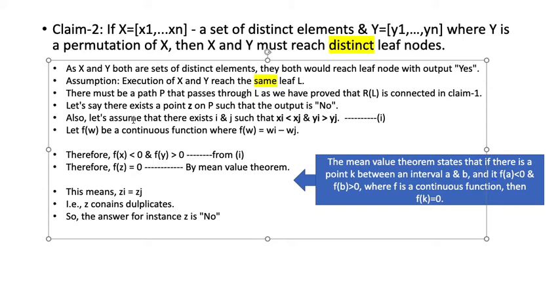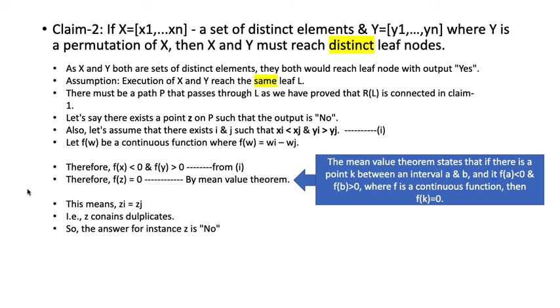So from claim 1, what we understood is that R of L is a convex path. It's a connected region. So that means there has to be a path P that passes through L, as we have proved that R of L is connected.